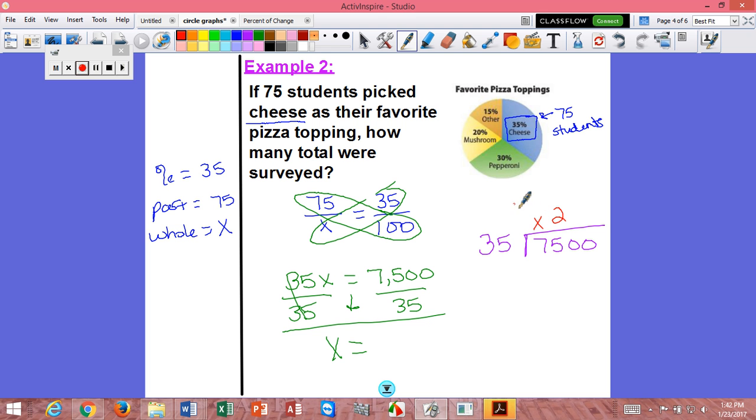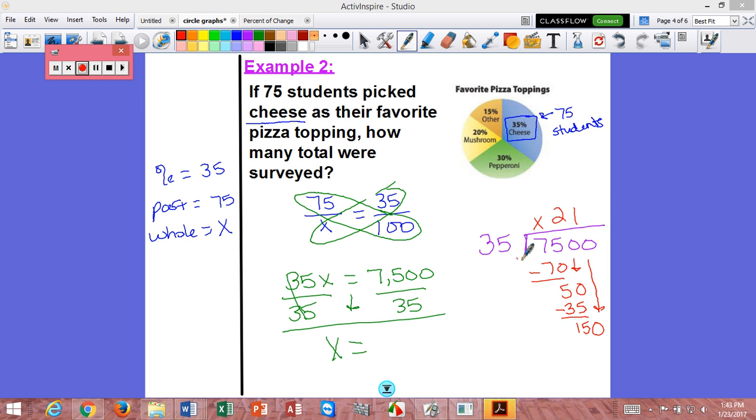And then 35 times 2 would be 70. 35 can go into 50 1 time. 35 could go into 150 4 times, and that would be 140. We'd have 10 left over.